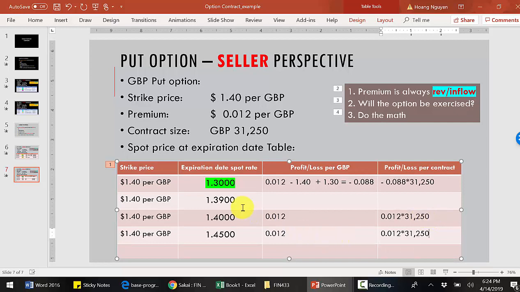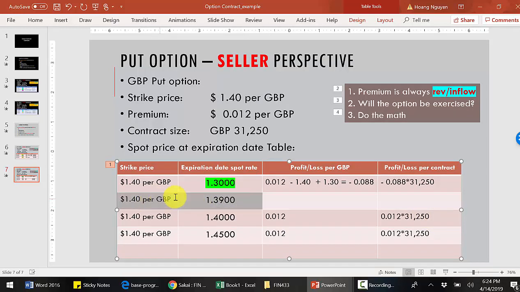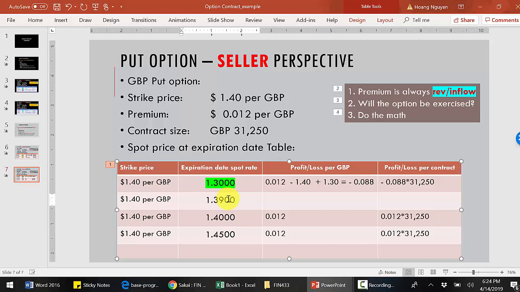Now, the last situation is here, always controversial, okay? So in this case, first of all, the premium is a revenue. Now, will the buyer of the put option contract exercise in that situation?